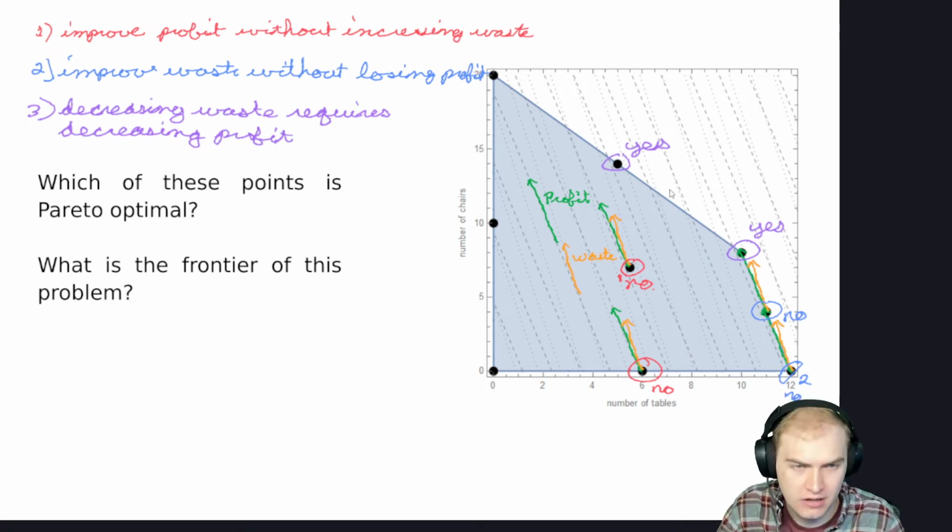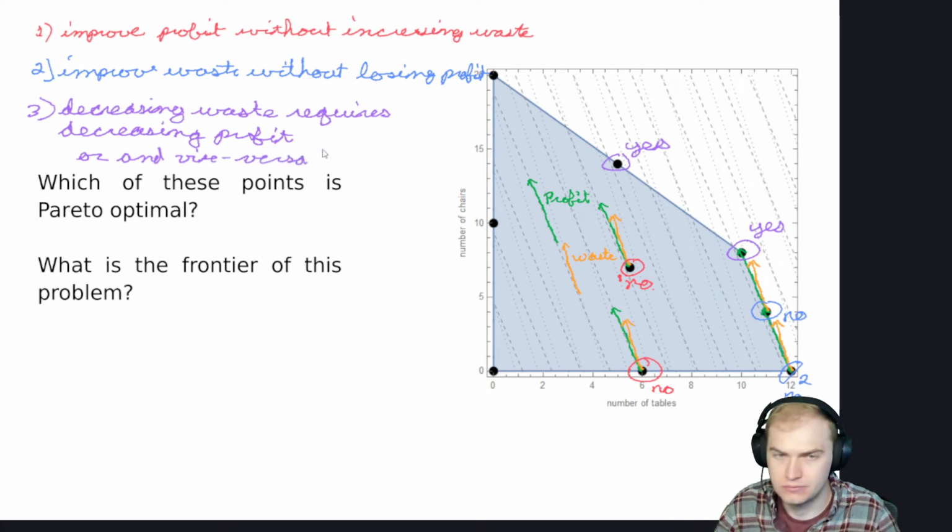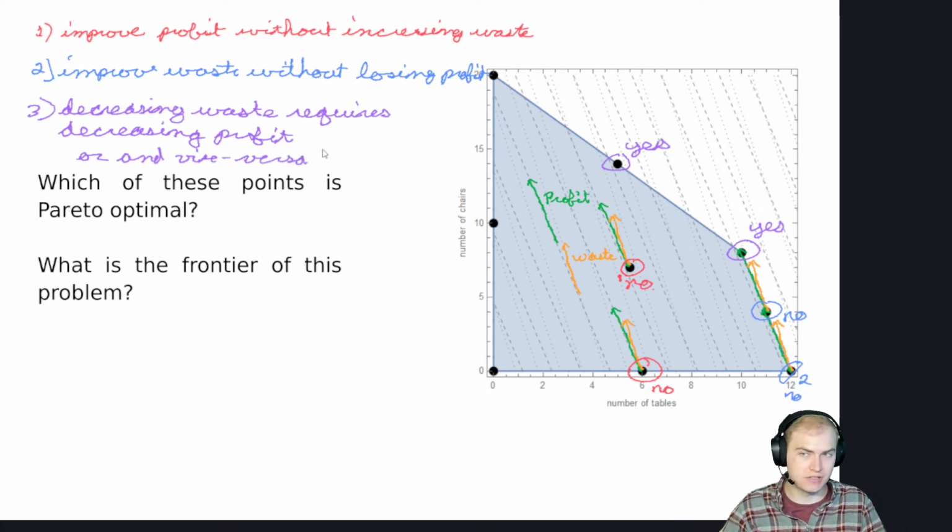And for the second point, and vice versa. So increasing profit requires increasing waste as well. So these points are Pareto efficient.